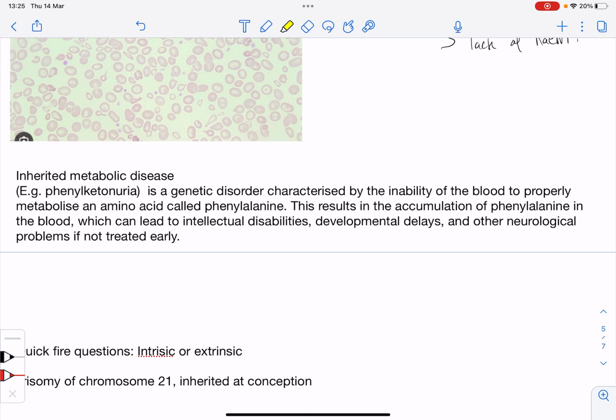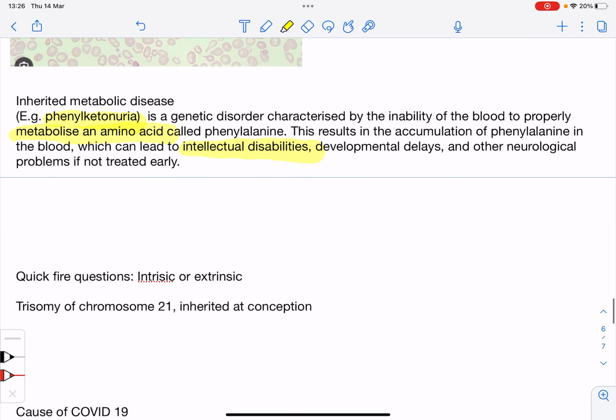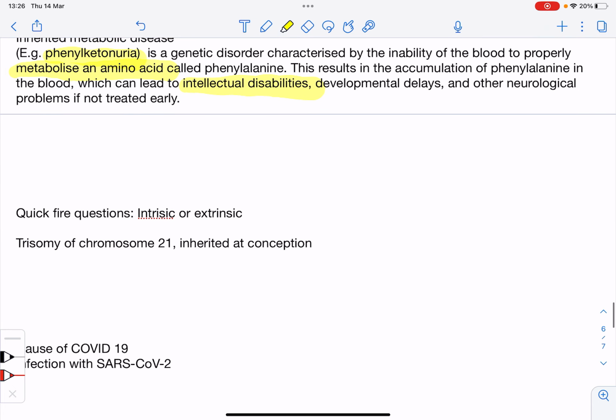So, inherited metabolic disease, phenylketonuria: your body cannot metabolize amino acids properly, and this can lead to intellectual disabilities. And most of the time when people have intellectual disabilities, this normally tends to be a genetic problem. Yeah, genetic mutation.